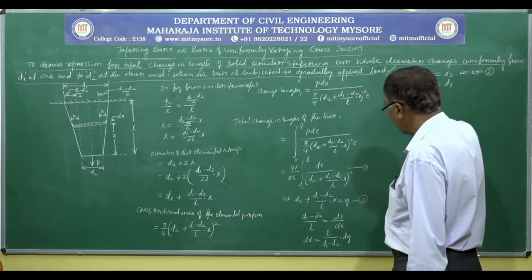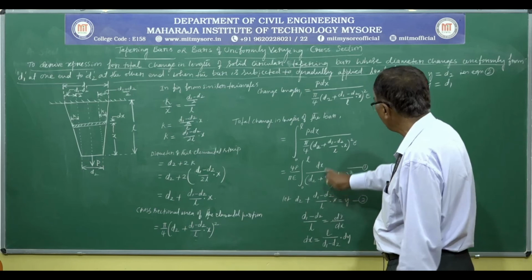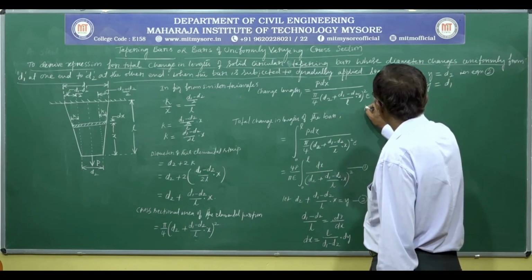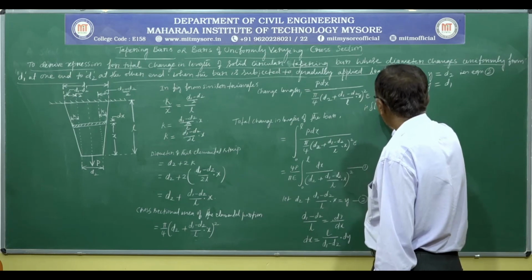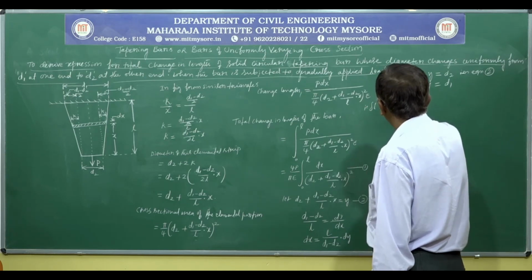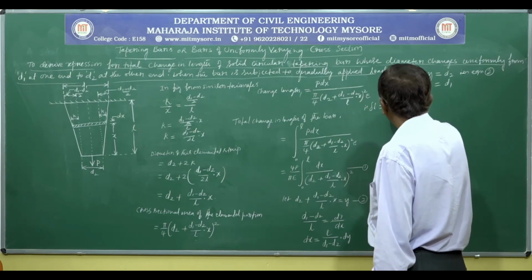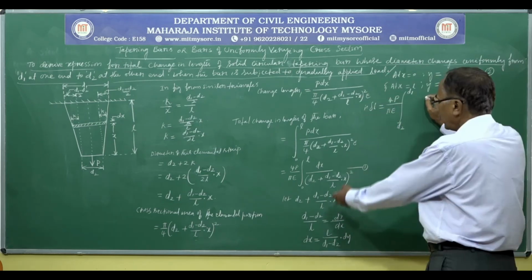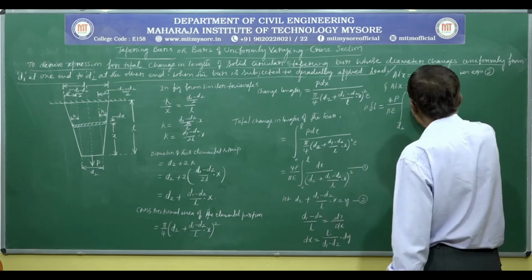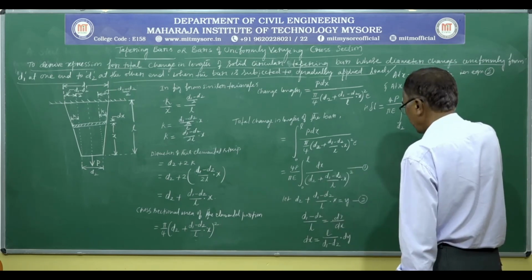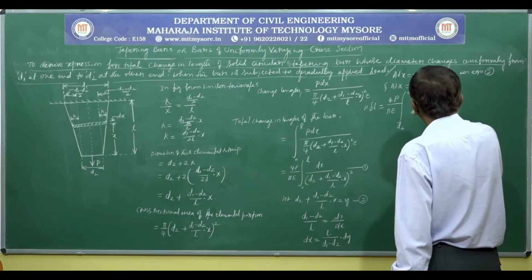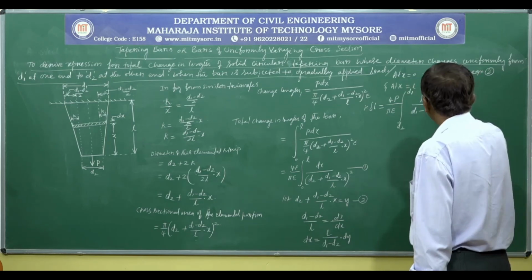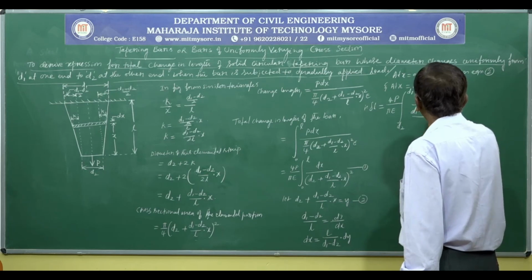Next, substitute this integral range and dx value in equation 1. We get delta L is equal to 4P divided by pi E, integral from d2 to d1, where dx is equal to L by (d1 minus d2) into dy, divided by y square.